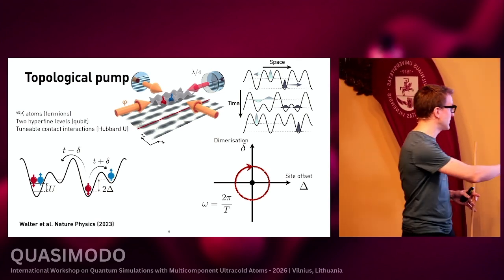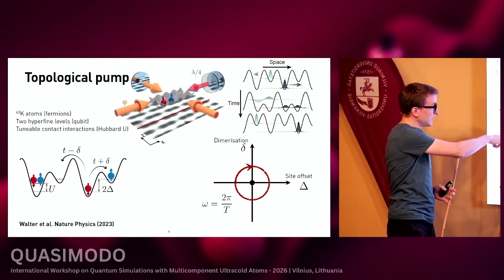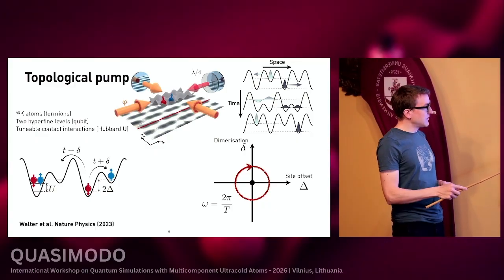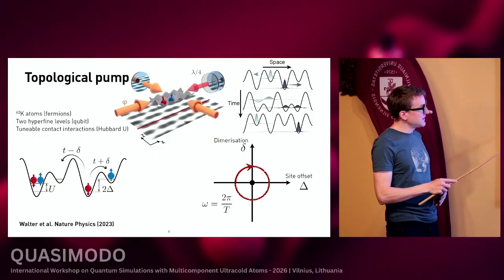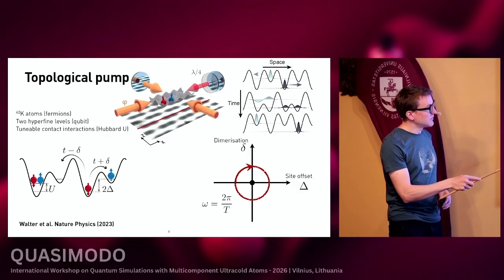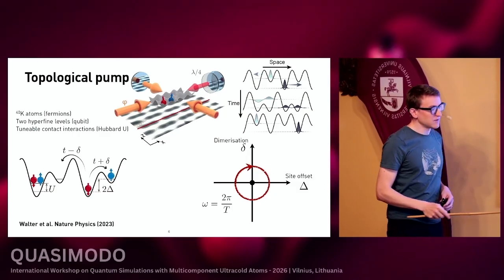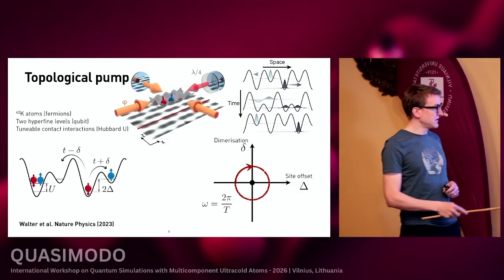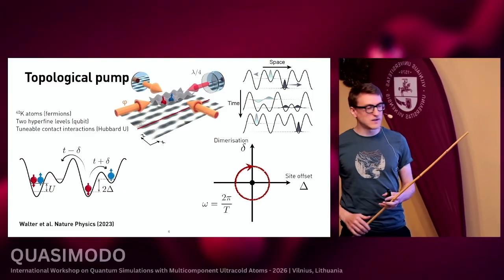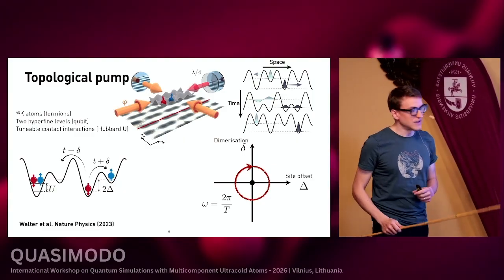So we have on-site interactions, two spins, potassium-40. We can tune the interactions. And then we have the lattice parameters, the tunneling T, and we have a weak bond and a strong bond. The difference in the strength of the bonds is characterized by this delta, the dimerization parameter, whereas the side offset, the bias, so to speak, in the double well is characterized by this large Delta.